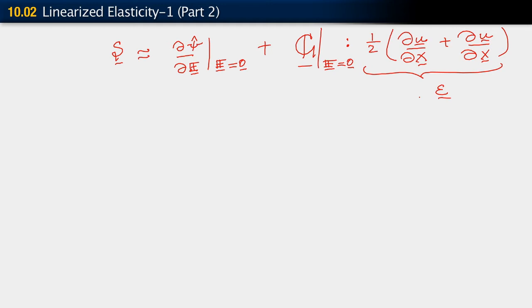So we do indeed have a stress-strain relationship that is linear in epsilon.